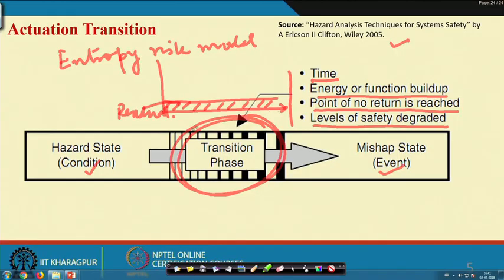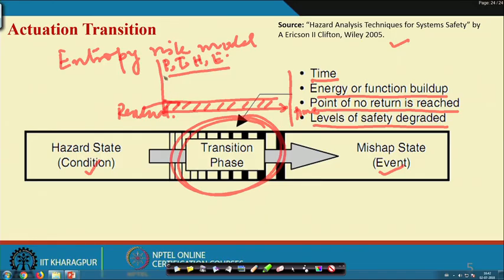Now, what happens over time, this side is time: the process, the technology, the human, the environment components of a system, these are the components of a system, will deteriorate.